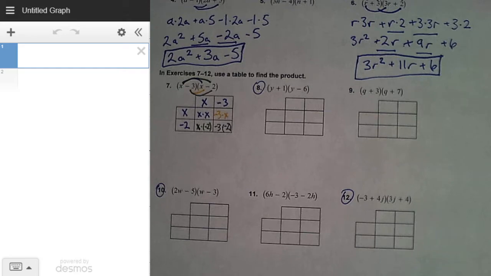By design, this setup makes it so we don't accidentally forget to multiply one of our terms in one of our polynomials by one of the terms in the other polynomial. So it's very nice in that regard. And you'll also see that it's an adaptation of our algebra tiles.